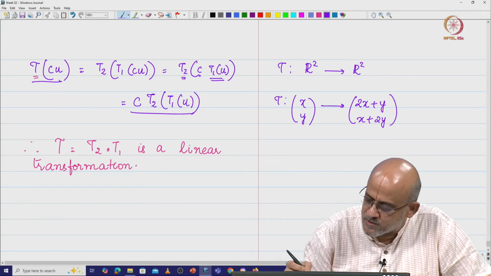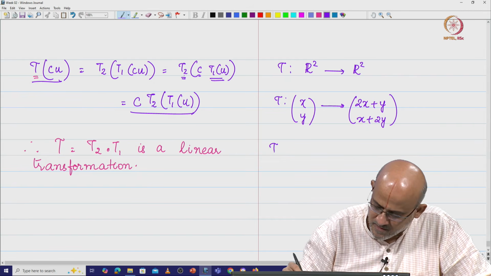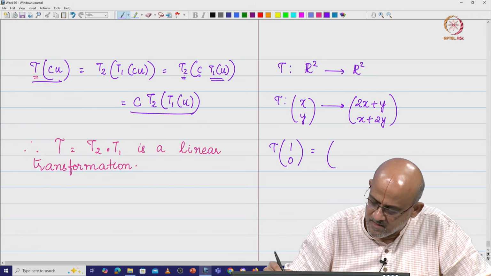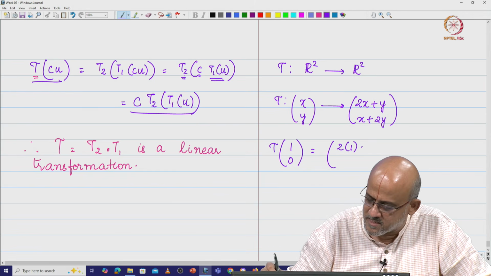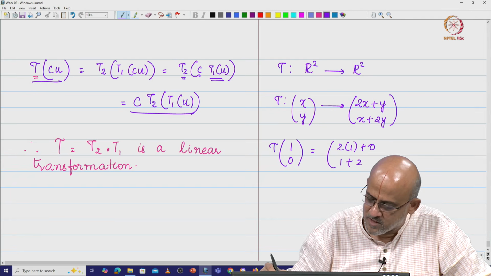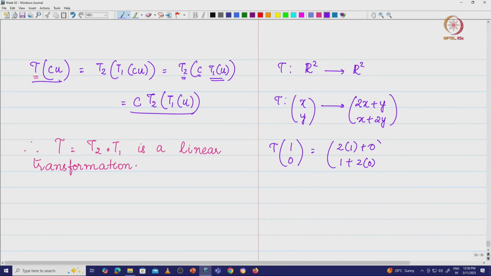What is the matrix associated with this? We already know what is the matrix associated with this, we can update it. T of (1, 0) is nothing but (2 into 1 plus 0, 1 plus 2 into 0), this is going to get mapped to (2, 1).